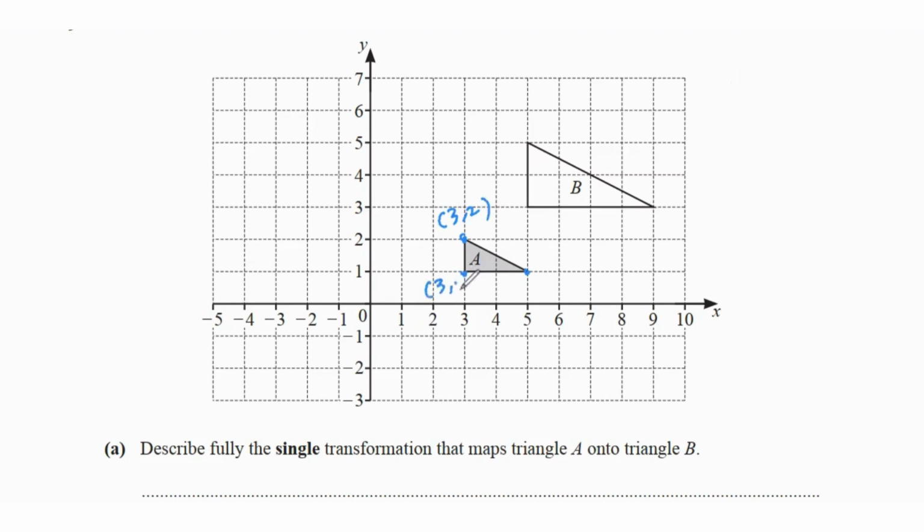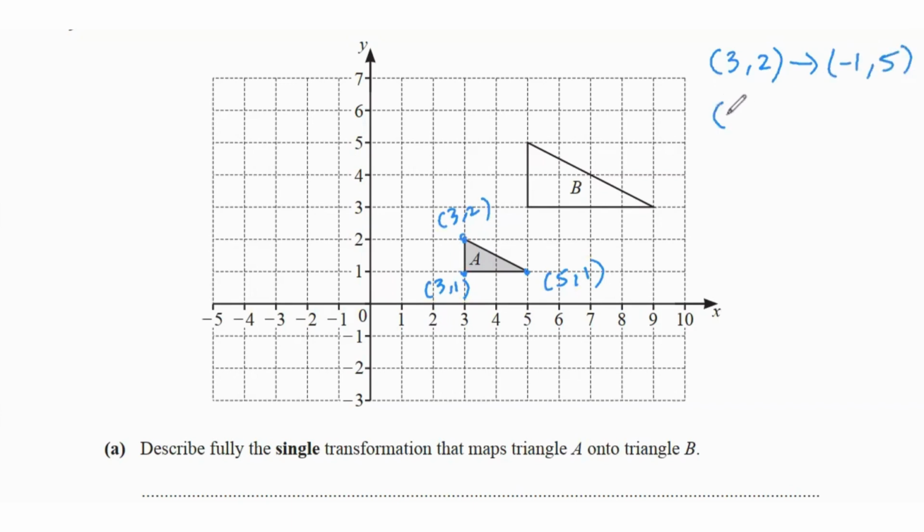That's 3, 1. This is 5, 1. So if we translate 3, 2 by the vector -4, 3, we're going to add -4 to 3 and add 3 to 2. So that's going to make this -1 and 5.